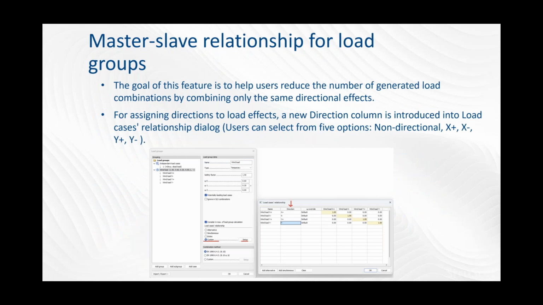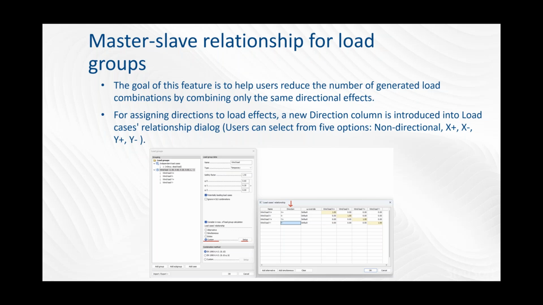Then we have the master and slave relationships for load groups. Now this feature was also developed with time saving and speed in mind. So basically you reduce the number of generated load combinations by only combining same directional effects.